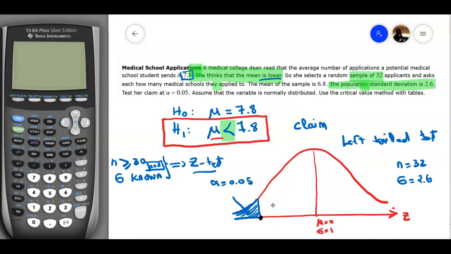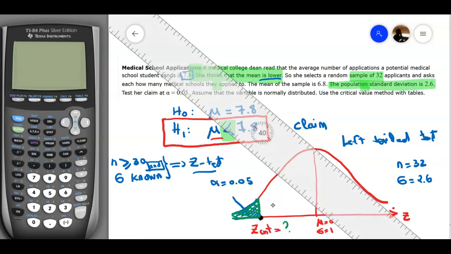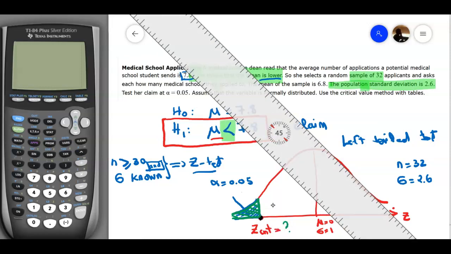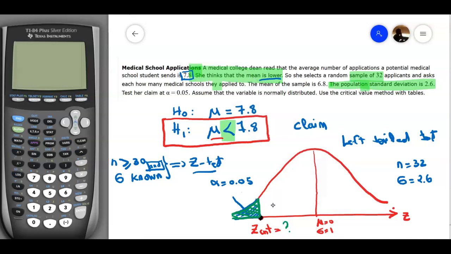So I am looking for the z critical value corresponding to this area, which is 0.05. If I have 0.05 on the left side, what might be the z value here? Okay, so let's try to do it.